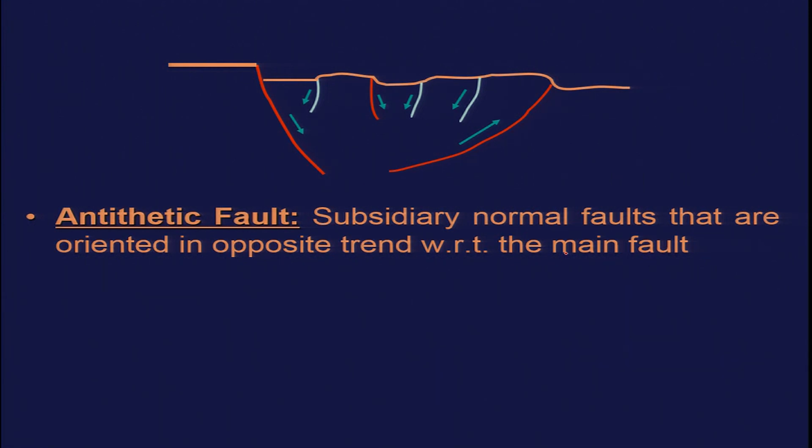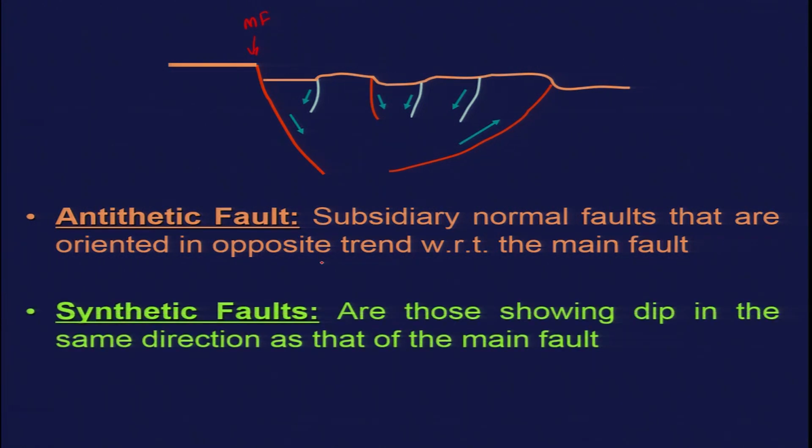So if you consider this as the main fault, then we have other faults which are dipping in the opposite direction. Another set of faults are termed synthetic faults, and they dip in the same direction as the main fault.